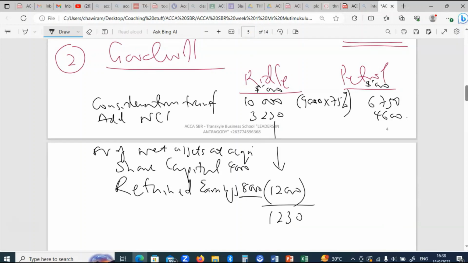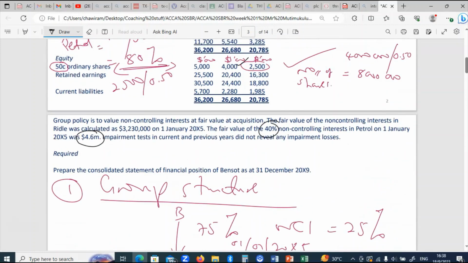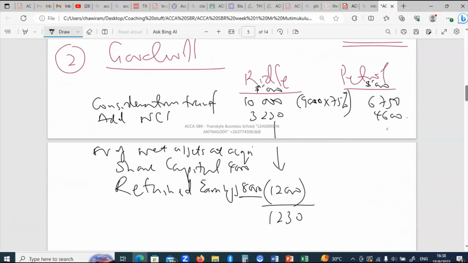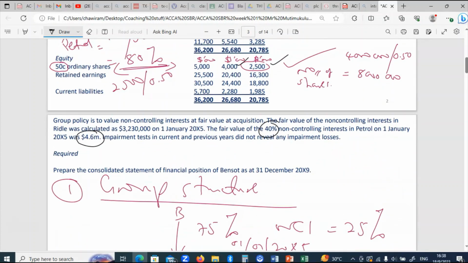Okay, and what about the fair value of net assets at acquisition? All right, then we go back for the share capital. The share capital of Petrol was how much? It is 2.5, and we expect that that one does not change. 2.5. Okay, and the retained earnings when this company was acquired was how much?